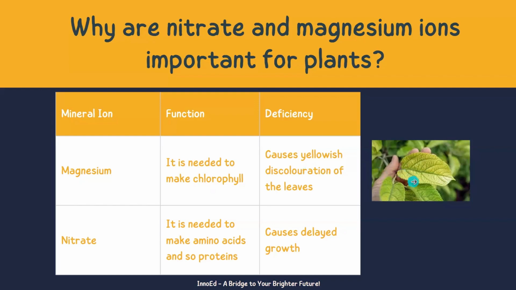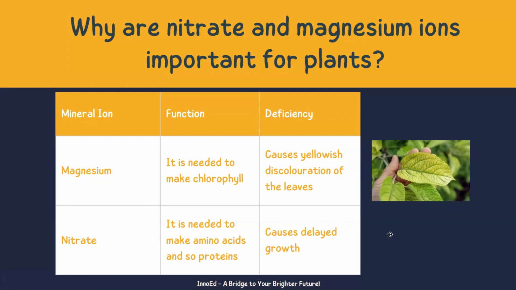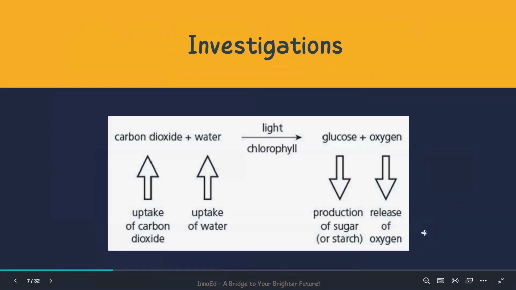That is why the leaves of the plant will look like this, yellowish discoloration of the leaves. The second one, nitrate. Nitrate is used to make amino acids and so proteins. When they are deficient, it will cause delayed growth of the plant.